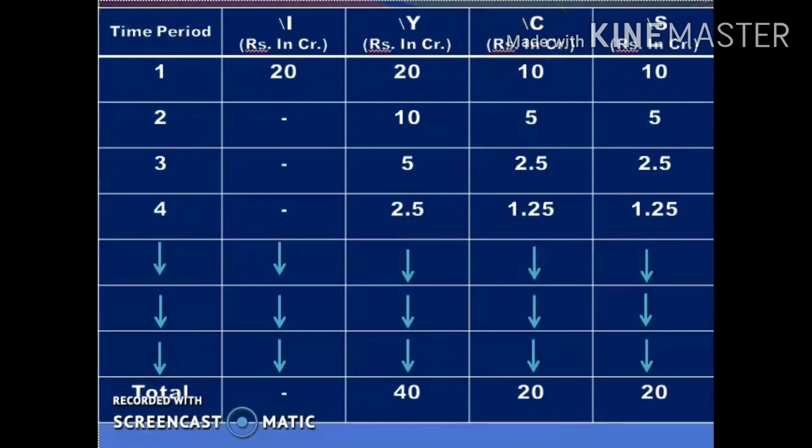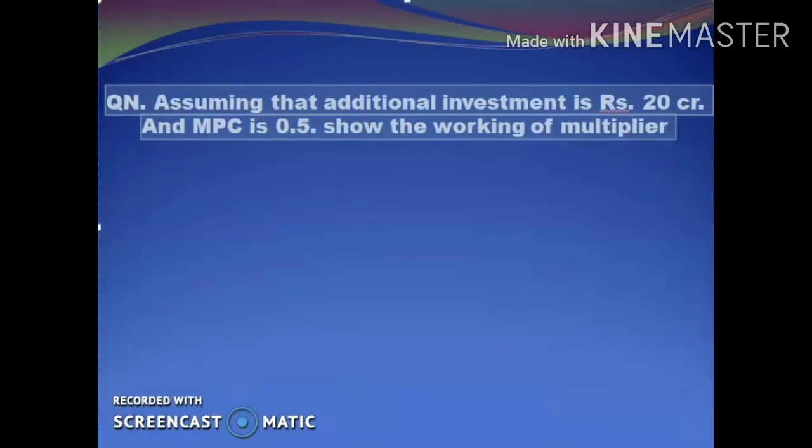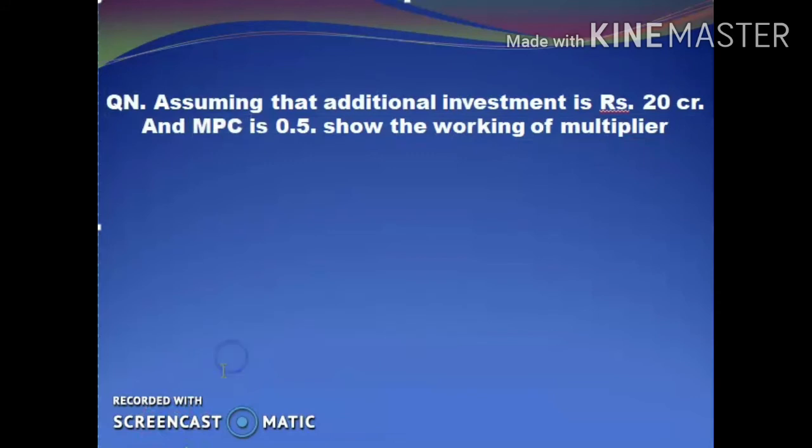You will find a question like this in your textbook: assuming that additional investment is rupees 20 crore and MPC is 0.5, show the working of the multiplier. How will you find it? If any question is asked like this, just see how you will find it.